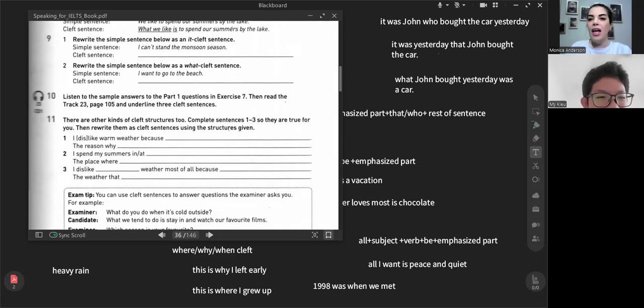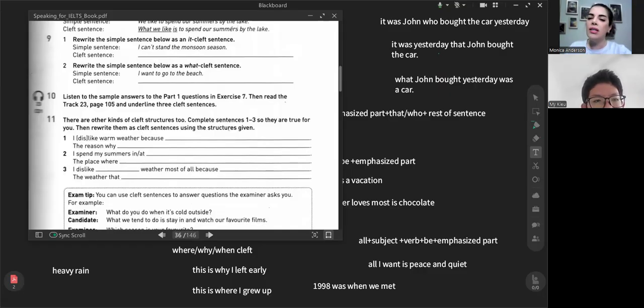Okay, the reason why I like warm weather is because it makes me happy, more energetic, satisfied, whatever. After "because" you have a complete sentence, and whatever it is, it's your choice how to complete it.